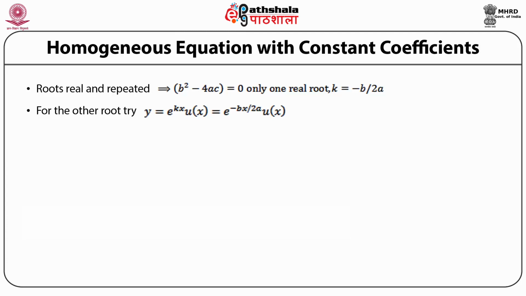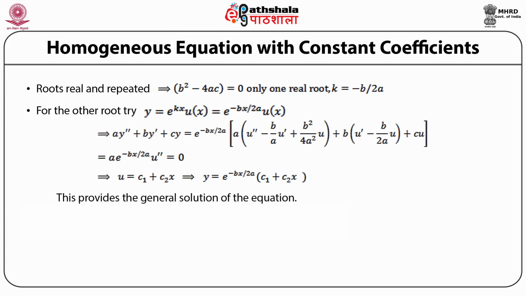b by 2a. We may obtain the equation a times y double prime plus b times y prime plus cy is equal to e raised to power minus bx by 2a.